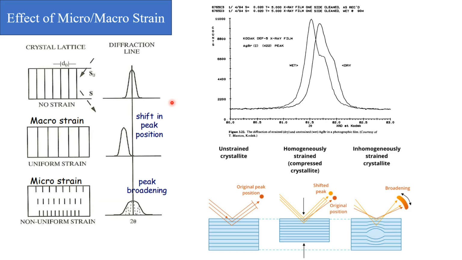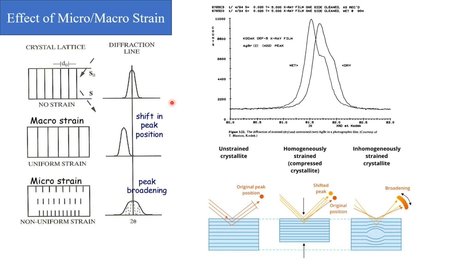We can divide it into uniform and non-uniform strain. In uniform strain, when a compression or tension load is applied on your sample or specimen, there will be a shift in peak position. So the peak will be shifted to the right or left position.